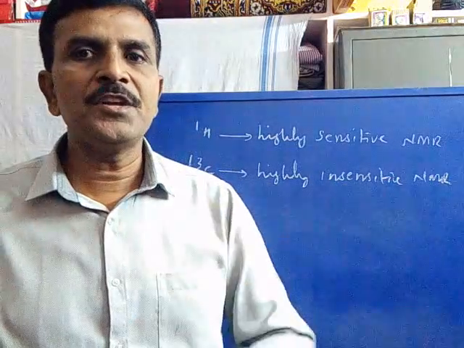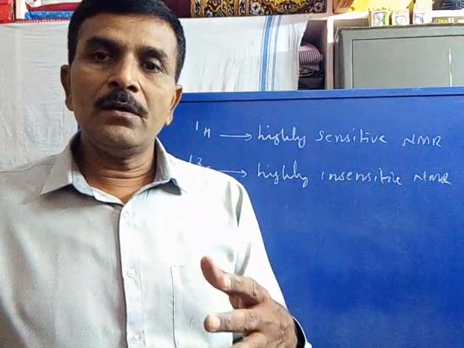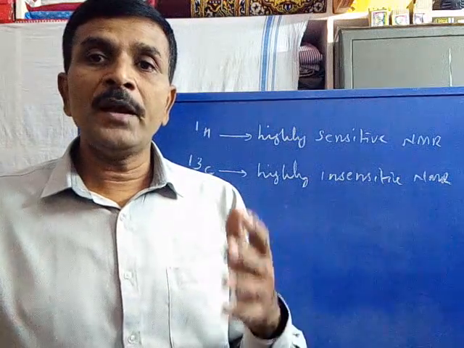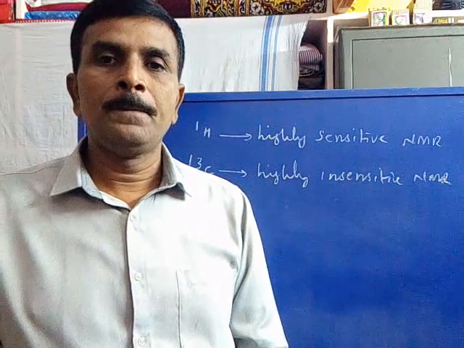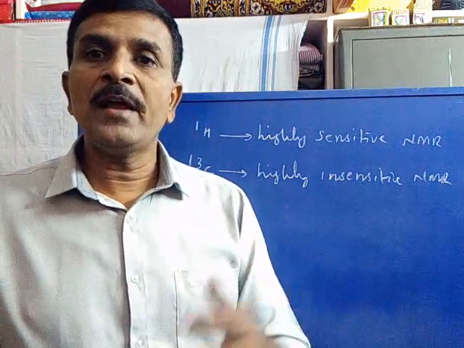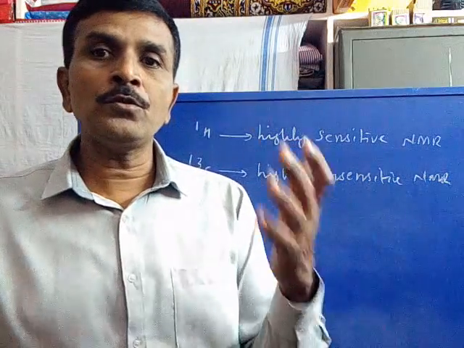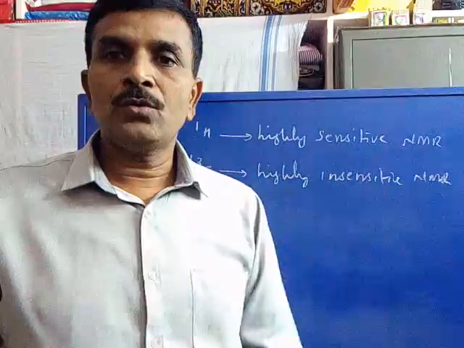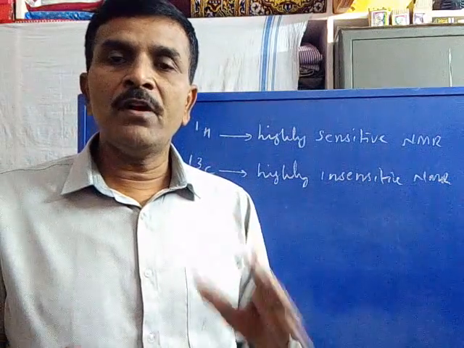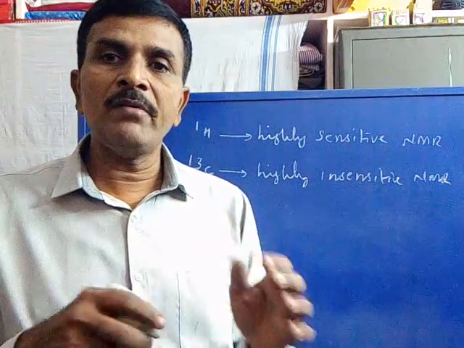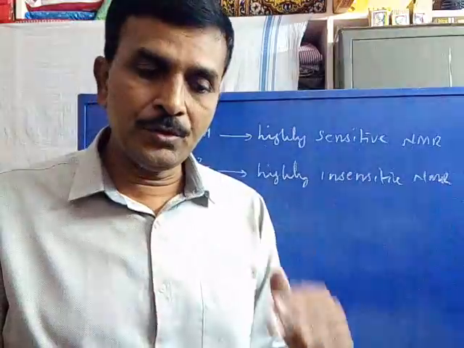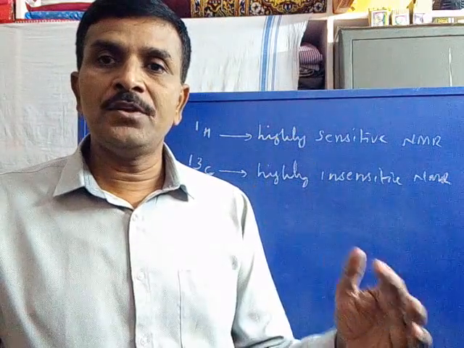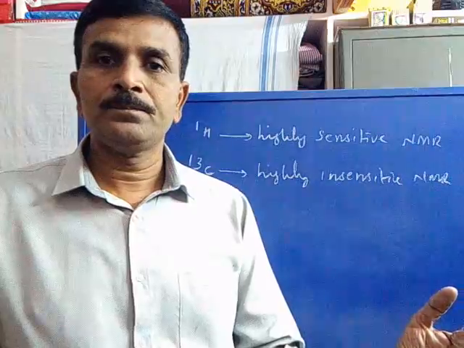Why is carbon insensitive? Together with low natural abundance, 1.11% only, and a low gyromagnetic ratio value, one-fourth that of the proton. So the lower natural abundance and the lower gyromagnetic ratio together make the carbon nucleus less sensitive to the NMR.